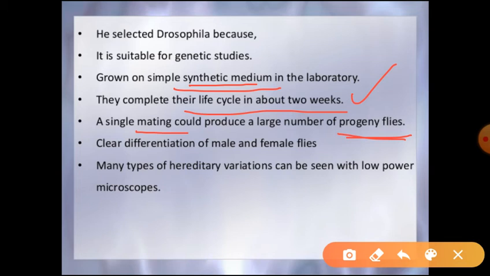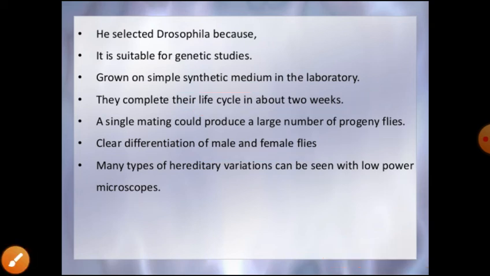Clear differentiation of male and female, as I have shown you in the figure. Many types of hereditary variation can be seen with low power microscopes, so no need to invest in costly machines. These are the main reasons why they have chosen Drosophila.